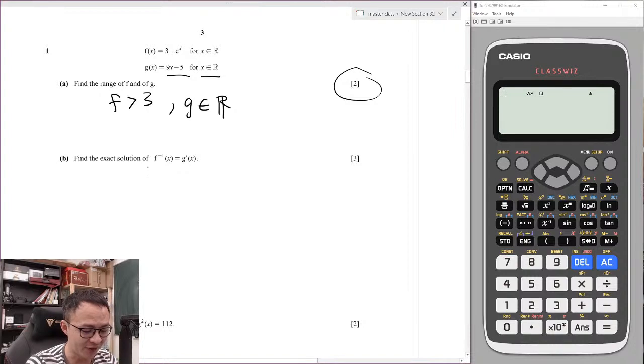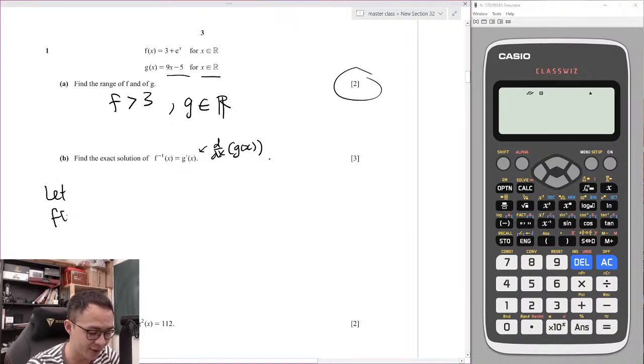Then they ask you to find the exact value of f inverse equals to g dash. When you see the dot here, this means differentiate g(x). So f inverse is actually quite easy. Let's do the inverse function.